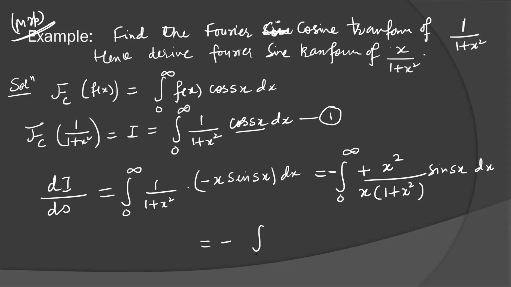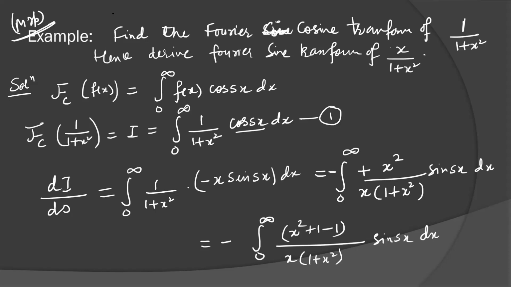Minus. Now I am going to add 1 and subtract 1 because we want to cancel the factor 1 plus x square. Sine sx dx. Now separate these integrations. So dI over ds is equal to minus integral 0 to infinity. If you take the first term, x square plus 1 is cancelled.